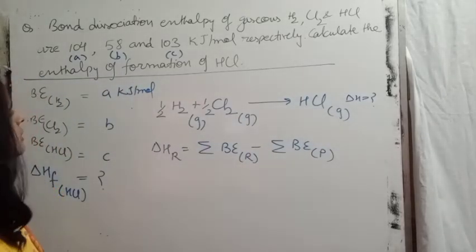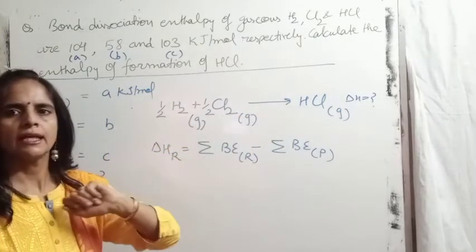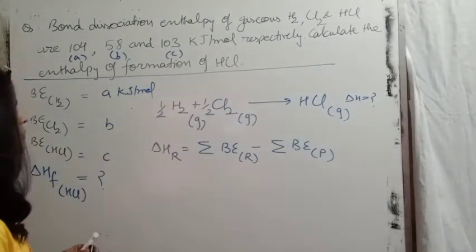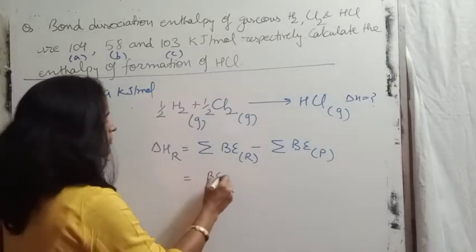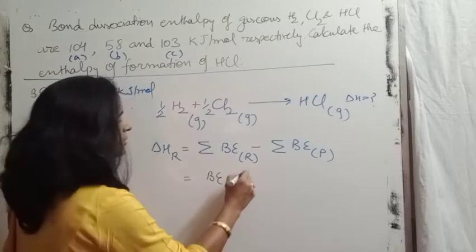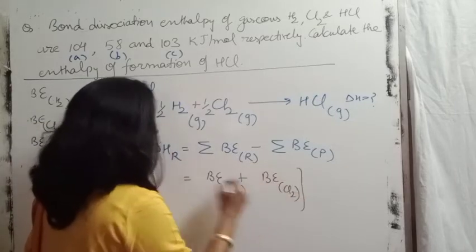In this reaction, hydrogen and chlorine are the reactants, and HCl is the product. So enthalpy of reaction is the bond enthalpy for hydrogen plus the bond enthalpy for chlorine.